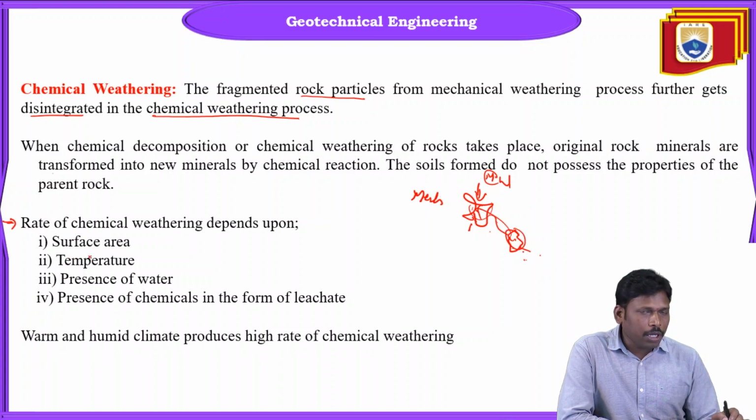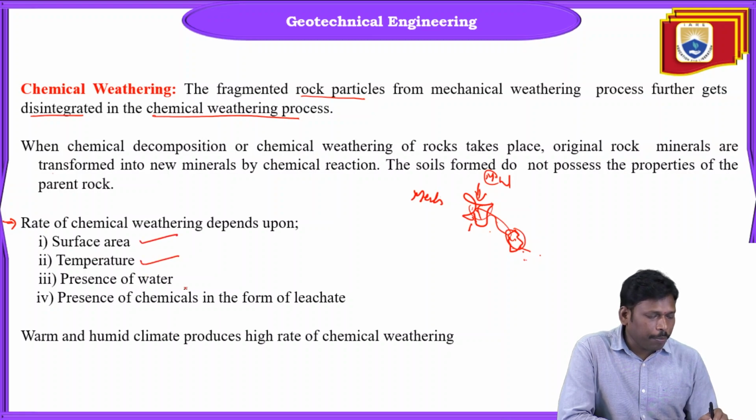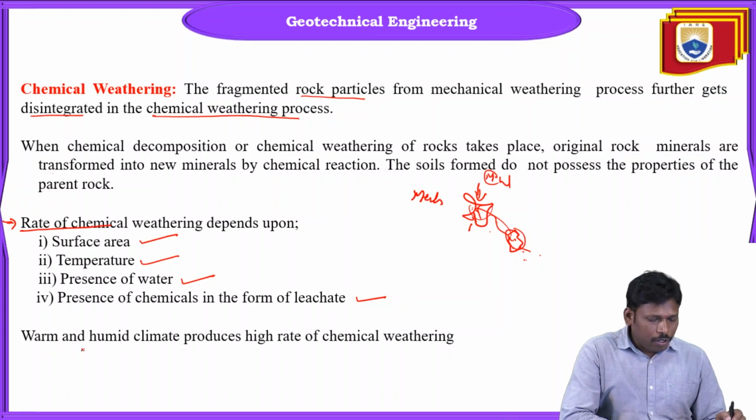The rate of chemical weathering depends upon surface area, temperature, presence of water, and the presence of chemicals in the form of leachate. So these are the various parameters that influence the rate of chemical weathering.